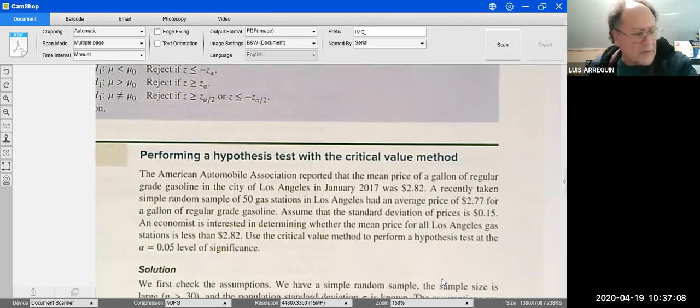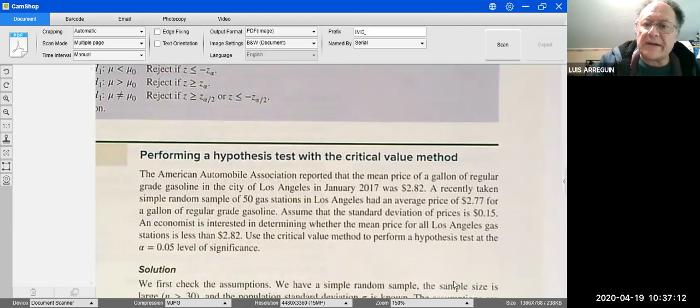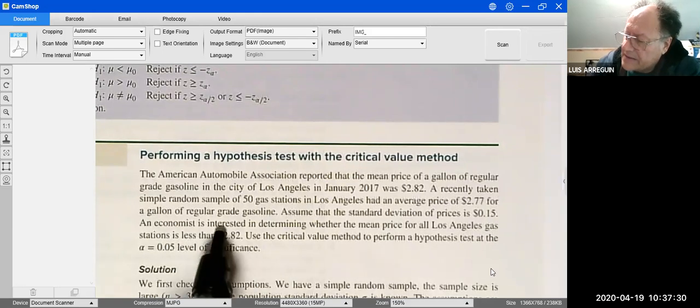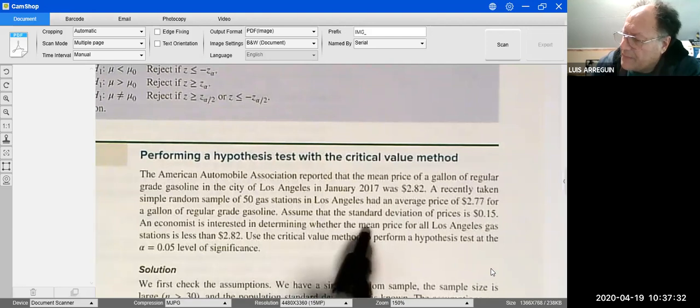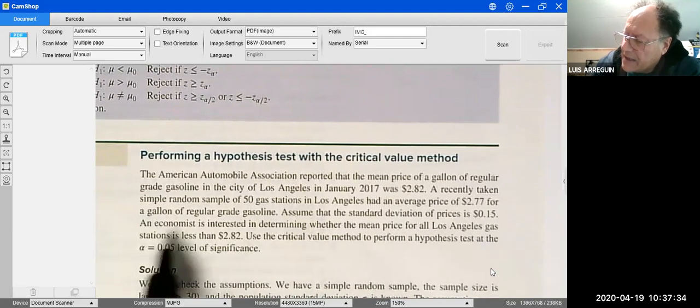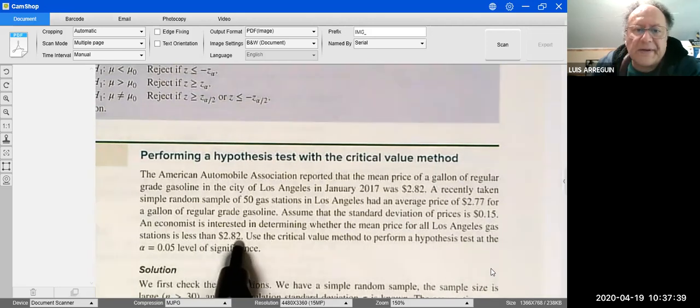So that's our problem. So let's start writing or finding the claim. That's the first step. You need to find a sentence where you can see the interest of the person conducting the survey. In this case, you can read here, an economist is interested in determining whether the mean price for all Los Angeles gas stations is less than $2.82.